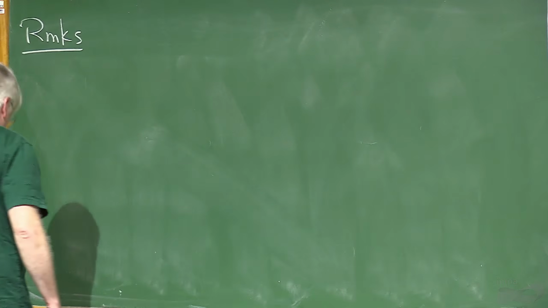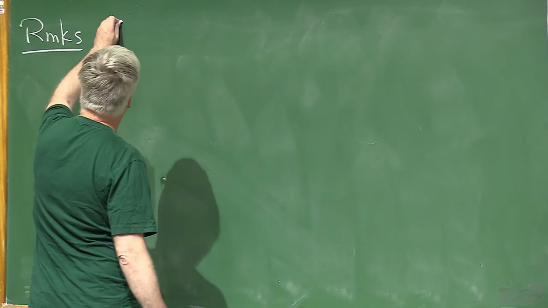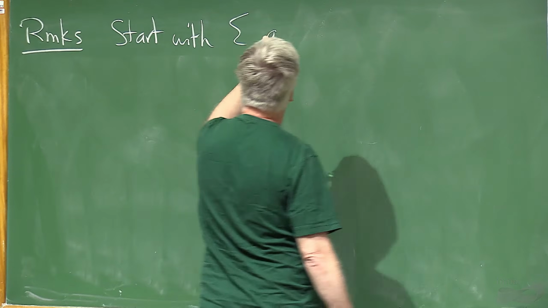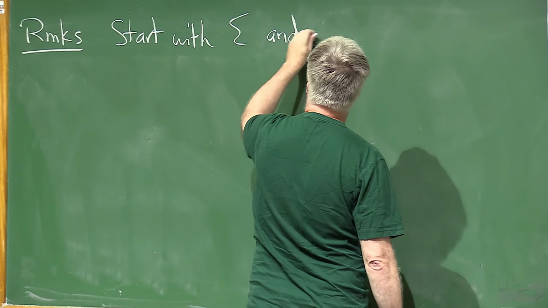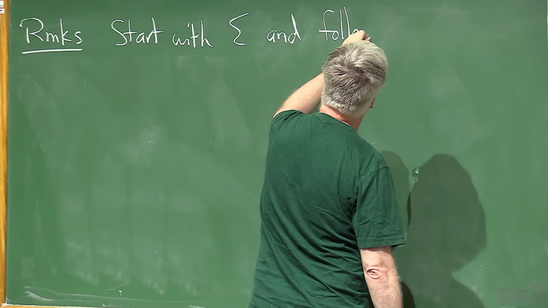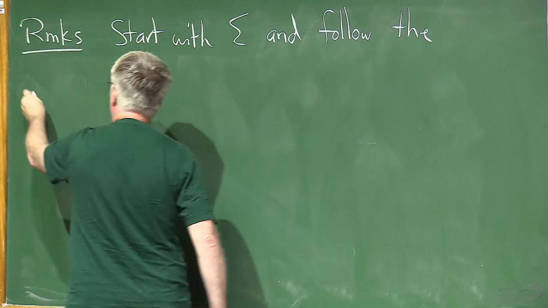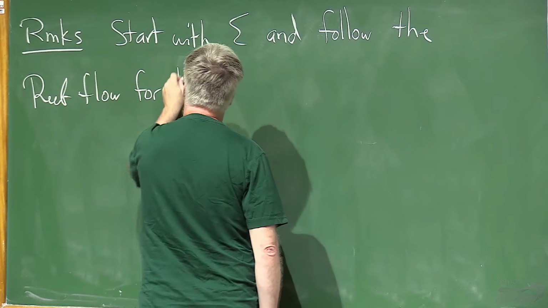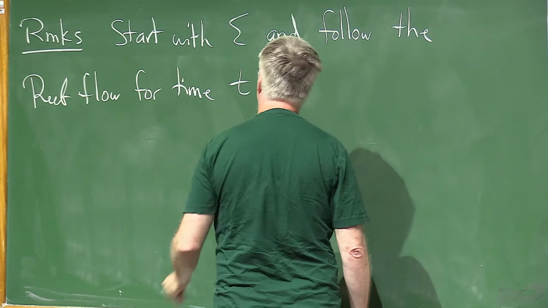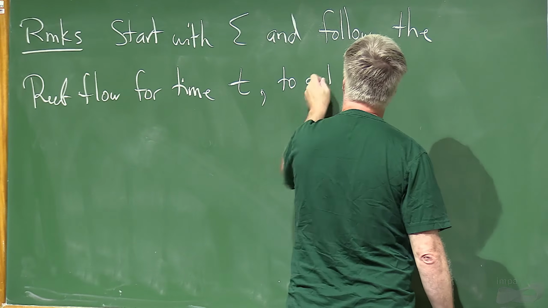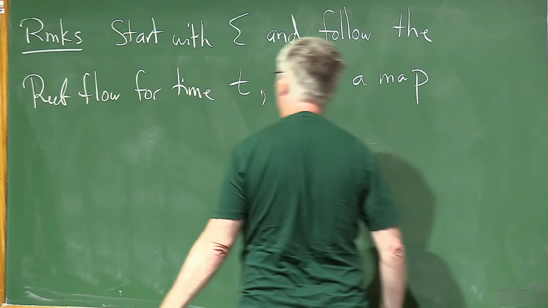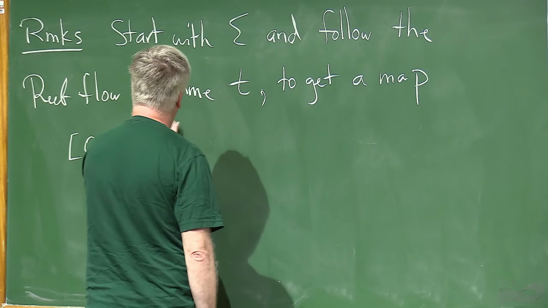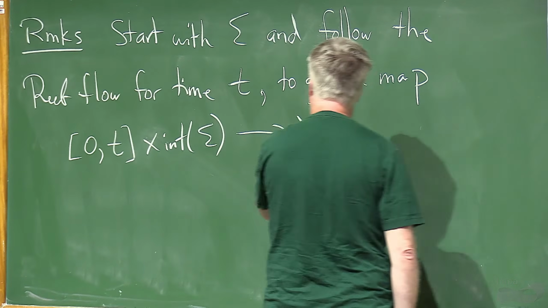So let's start with Σ and follow the Reeb flow for some time T, to get a map from the interior of the surface times [0, T].